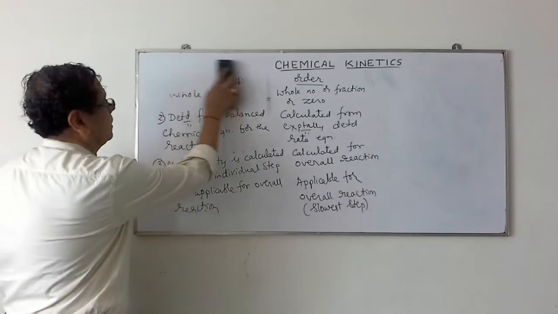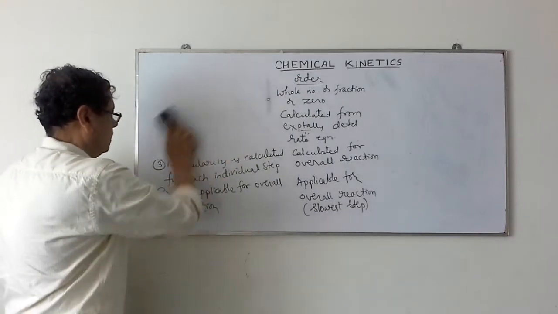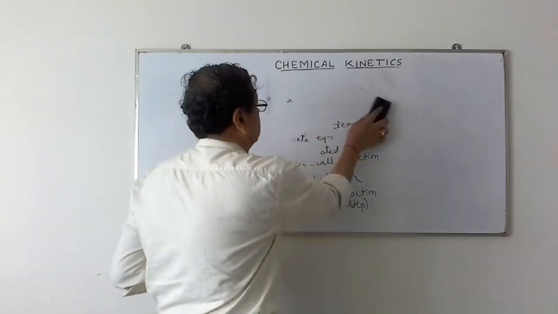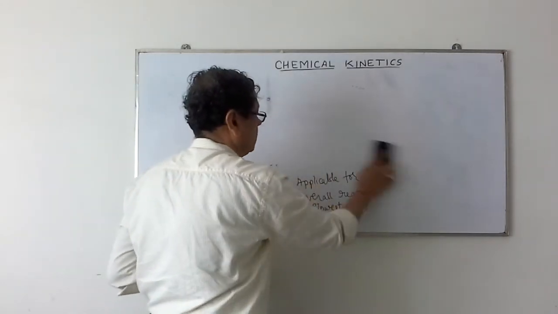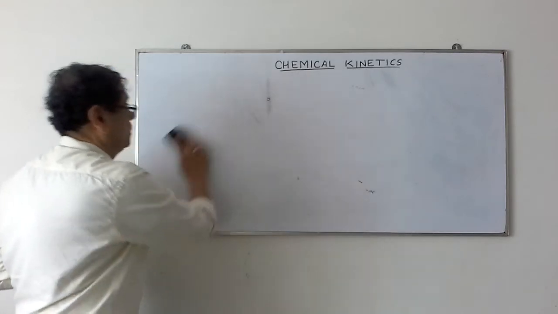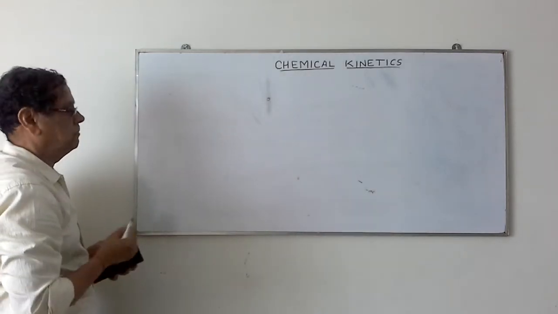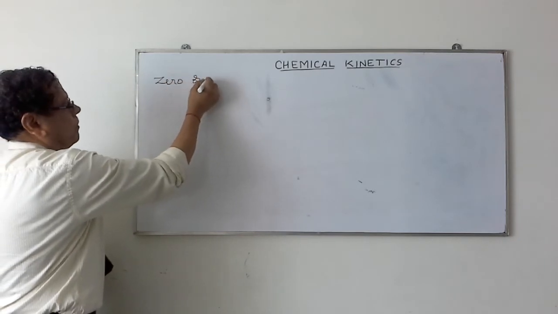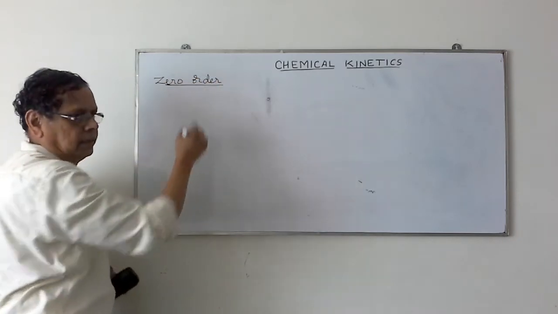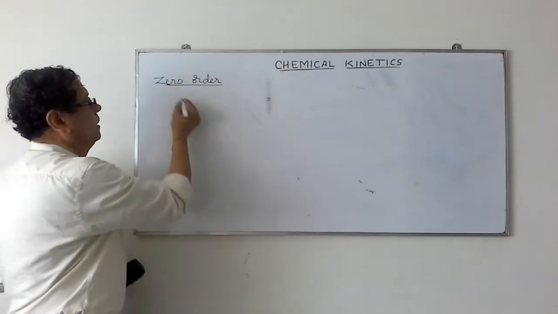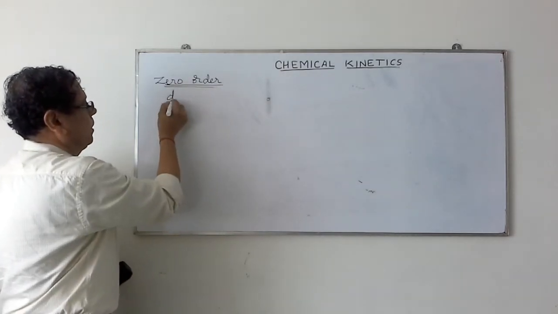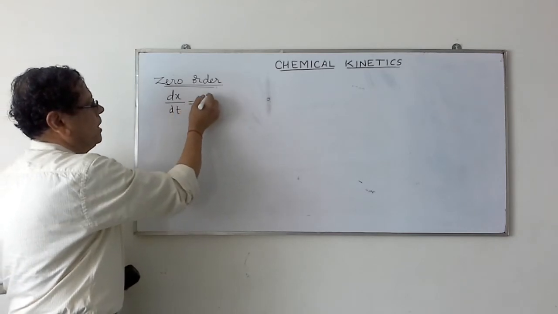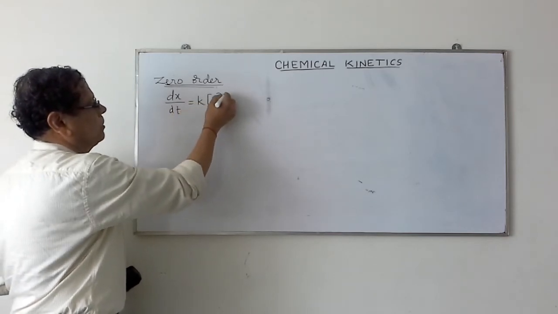The next one. Let us consider the order of the reaction with suitable examples. First, let us take some reactions of zero order. When you say zero order reaction, as the name itself indicates, the velocity expression dx by dt is equal to k into concentration of A to the power 0.